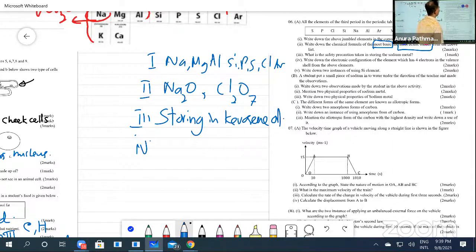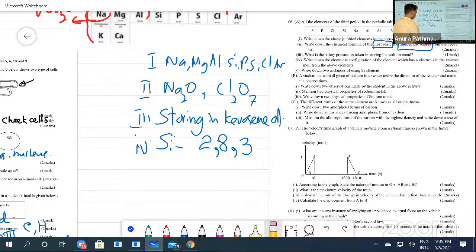Write down the electronic configuration of the element which has 4 electrons in the valence shell from the above elements. So what is that one? 1, 2, 3, 4. Silicon. Am I correct? Yes, sir. So you have to write silicon. What is the electronic configuration? 2, 8, 4.